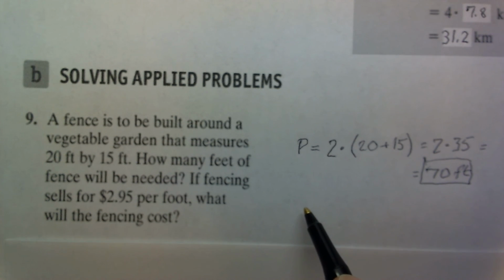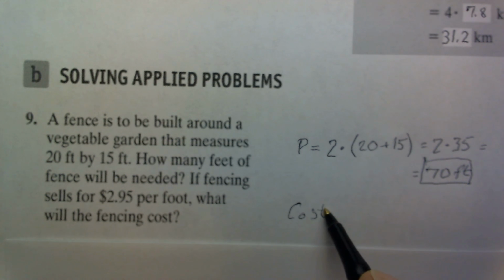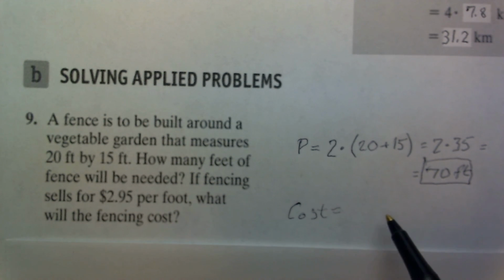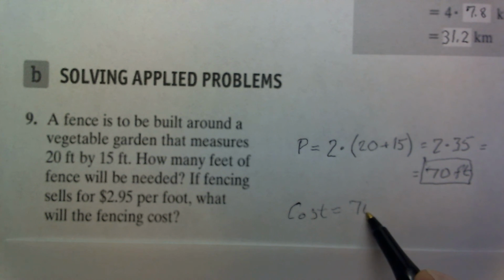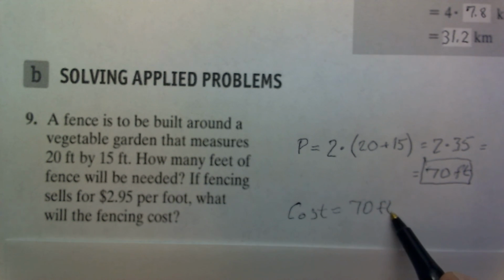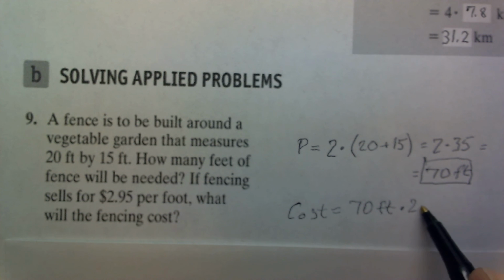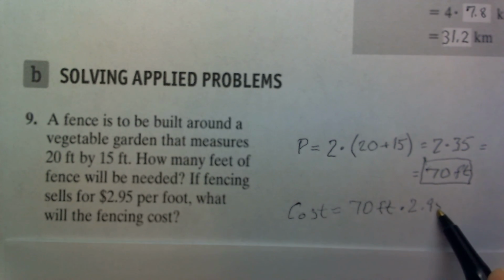Now to find the cost, it is the length, 70 feet, times $2.95 per foot.